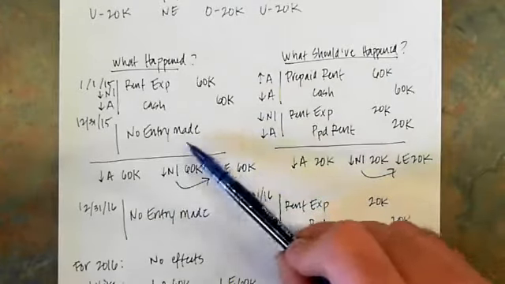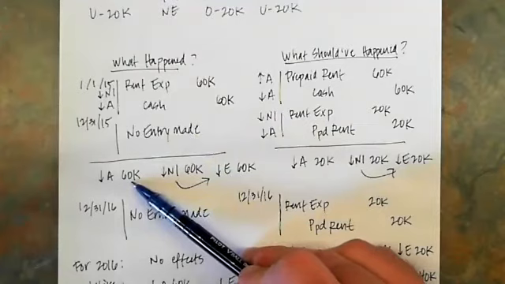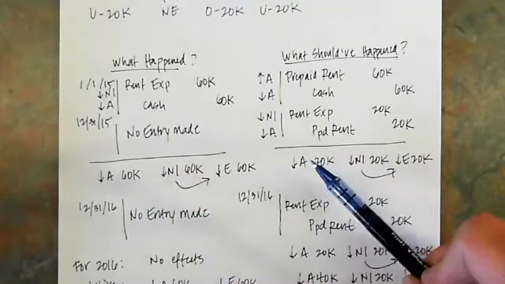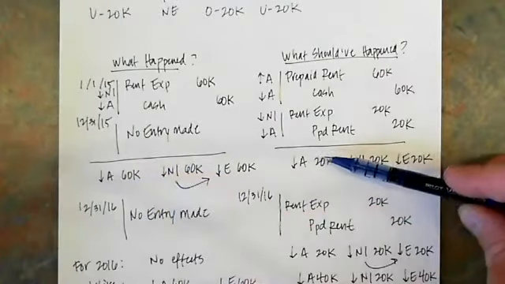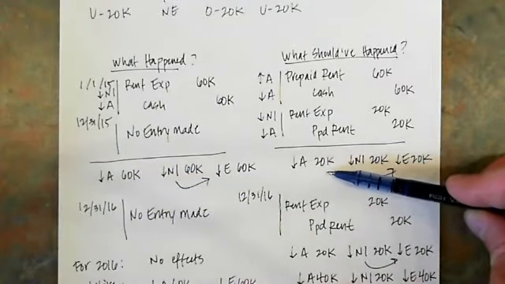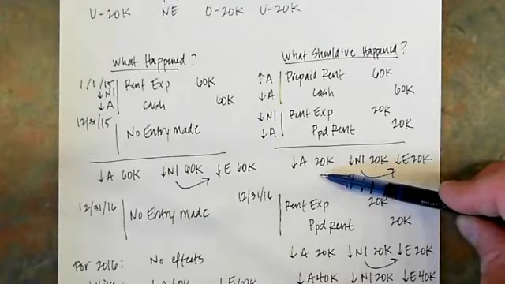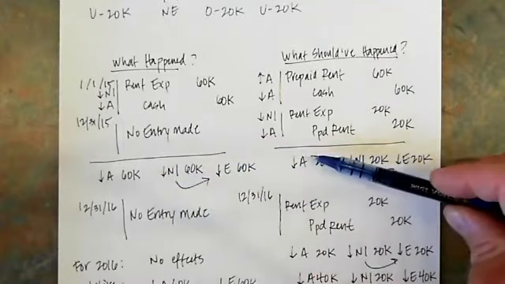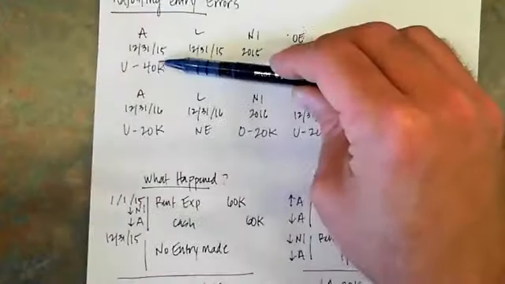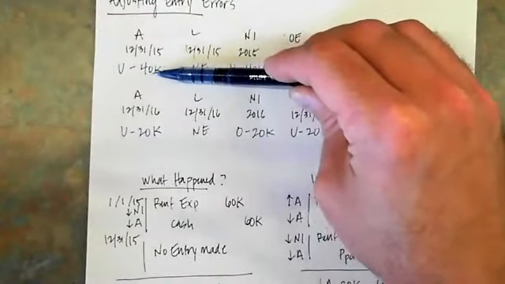Well, in 2016, assets were decreased overall by 60,000 when they should have only been decreased overall by 20,000. So the mistake led to an understatement of 40,000, right? Negative 60,000, negative 20,000 means that we understated by 40,000.